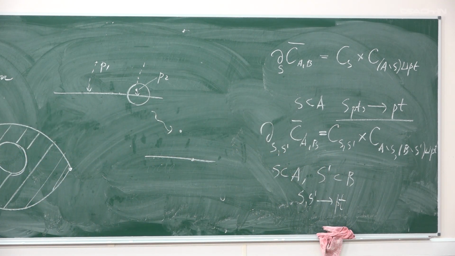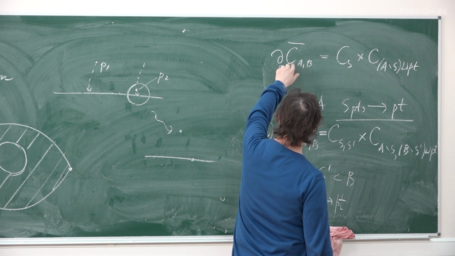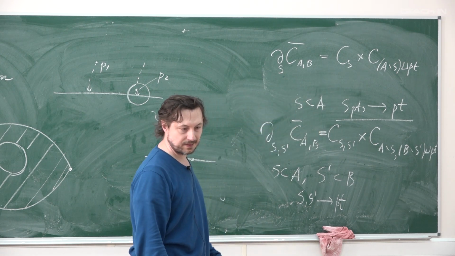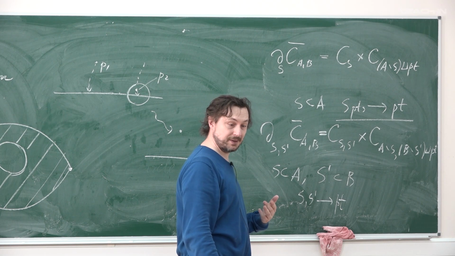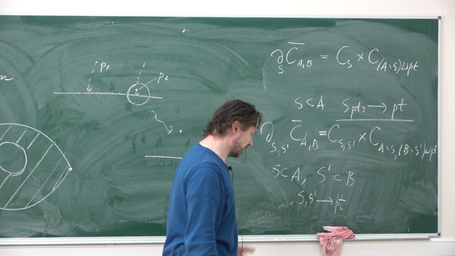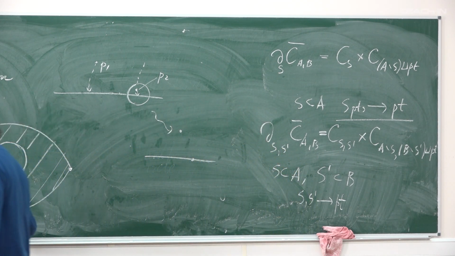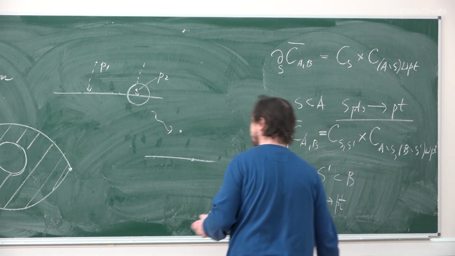It is easy to see that the boundary of CAB will consist of such components. It means it gives us a way to describe the boundary, and it's crucial for our purposes, because what I'm going to do next is introduce the weights.